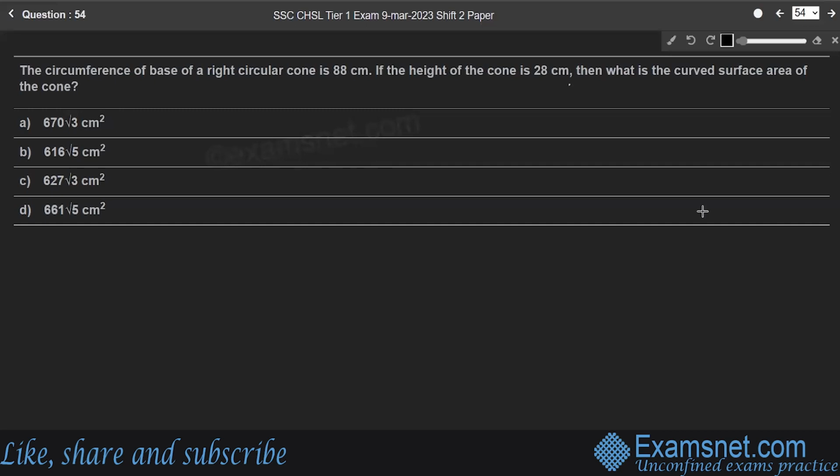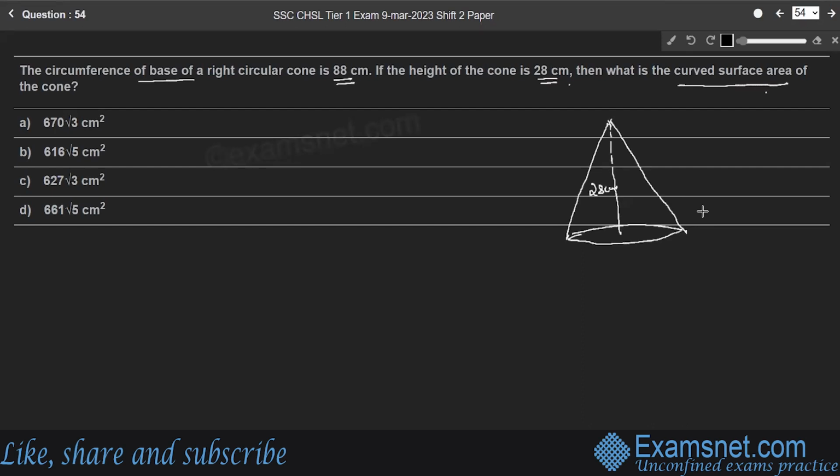Question 54. The circumference of the base of a right circular cone is 88 centimeter. If the height of the cone is 28 centimeter, then what is the curved surface area of the cone? Students, let us consider a right circular cone like this. Here, the height of the cone is given, which is 28 centimeter.